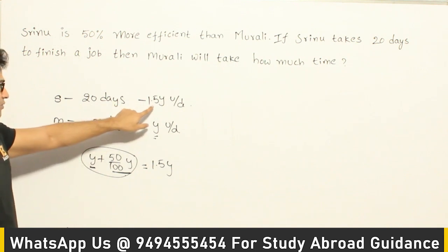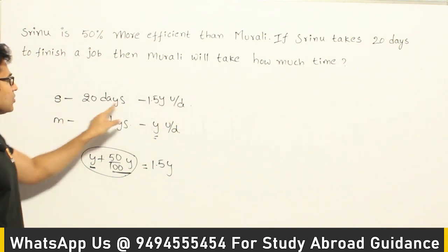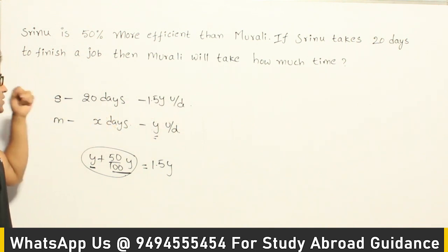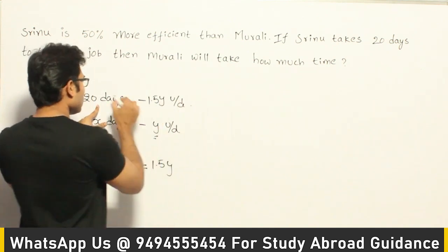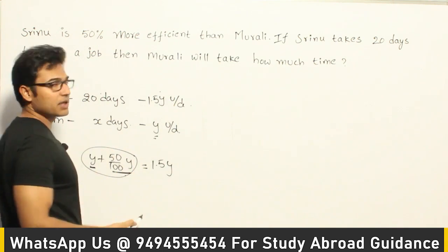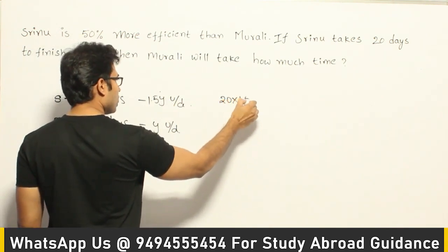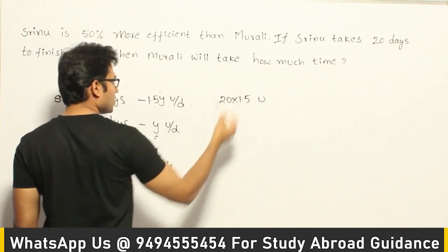Now observe this. By working at a rate of 1.5 units per day, he is able to finish the work in 20 days, right? So what is the total work done by Srinu? The total work done by Srinu equals number of days into units per day, which is equal to 20 into 1.5. So 20 is days and 1.5 is units per day, so you are going to get units, isn't it?